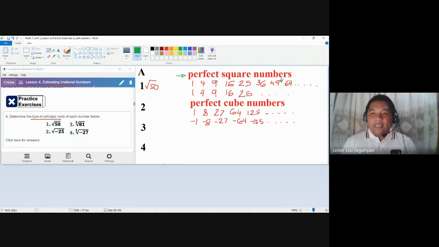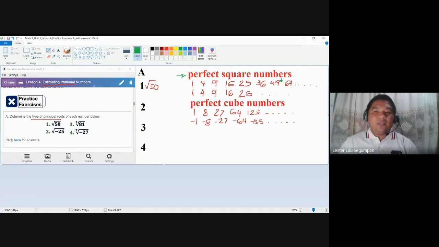It is again in between 49, which is the perfect square of 7, and 64, which is the perfect square of 8. So since 50 is not a perfect square, its principal square root will not give us an integer, because the square root of 1 is 1, the square root of 4 is 2, the square root of 9 is 3, the square root of 16 is 4, the square root of 25 is 5, the square root of 36 is 6, the square root of 49 is 7, the square root of 64 is 8.